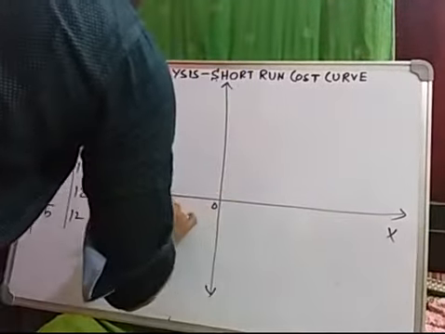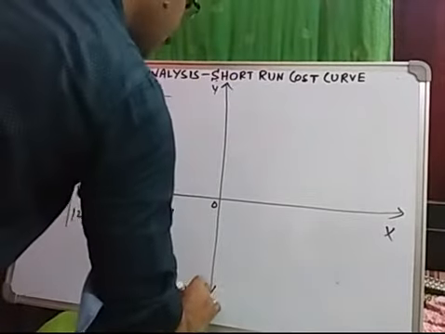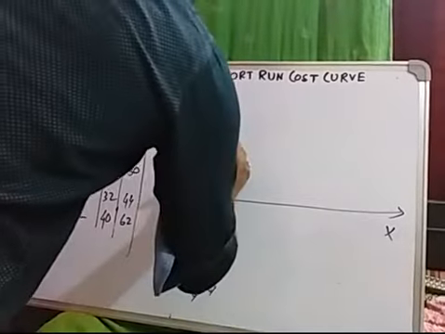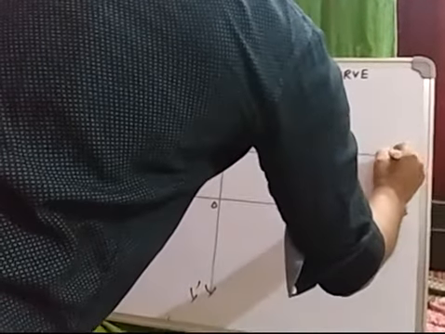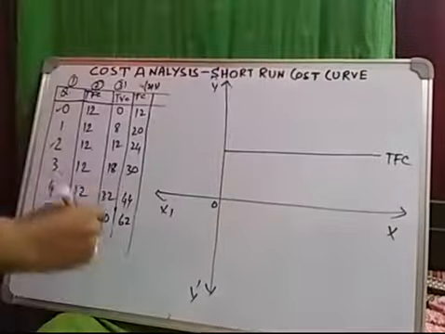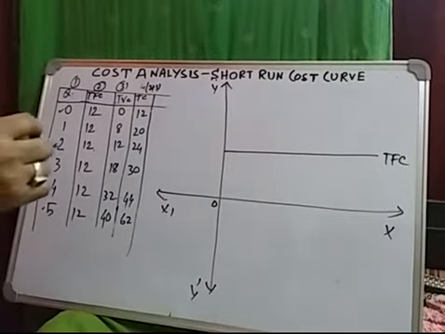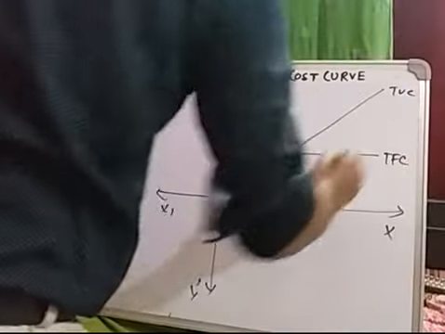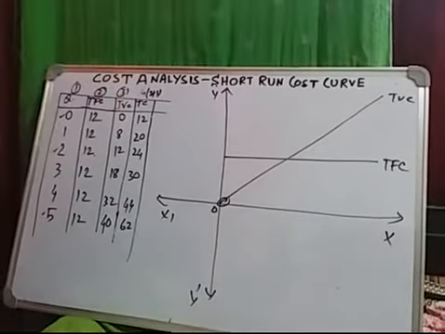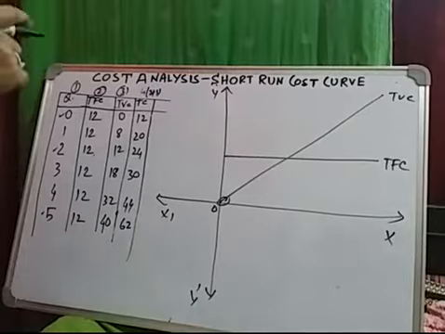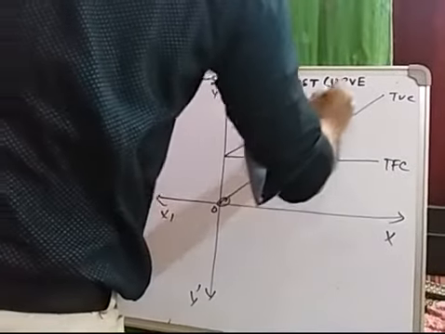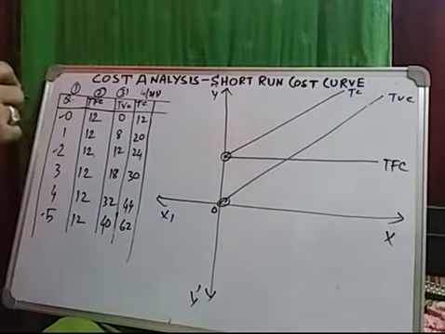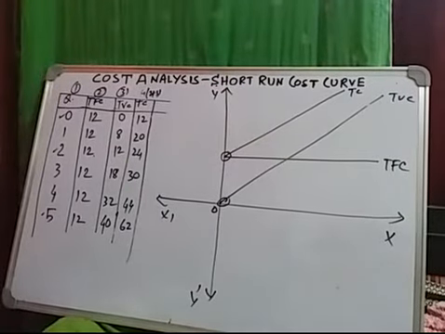X O X dash is the x axis and Y O Y dash is the y axis. Clear? If I plot the data, then the TFC curve will be like this, parallel to the horizontal axis. The TVC curve will be like this, starting from the origin and upward moving, and the TC curve is this, starting from the TFC level and upward moving. Clear on this part?